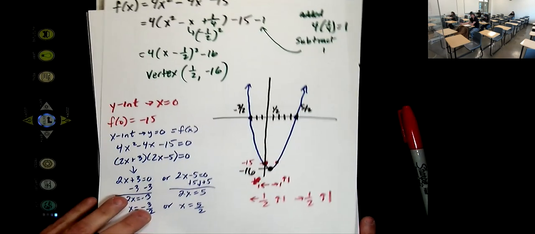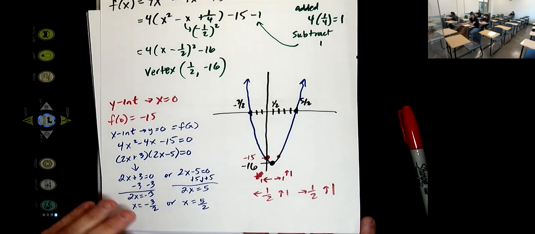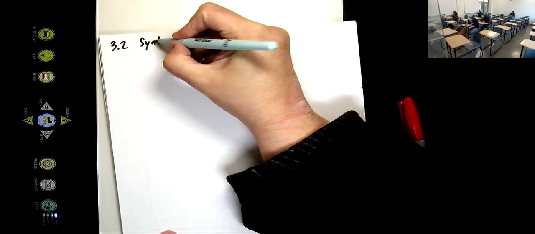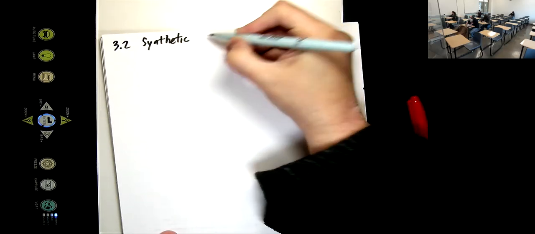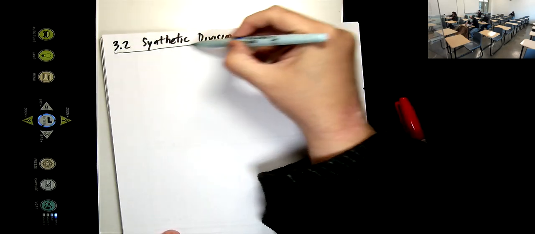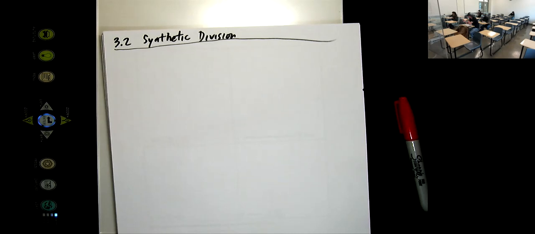All right, so is everyone done with that? Not necessarily easy, especially when you start working with the fractions. 3.2 is on something called synthetic division, and a couple other little miscellaneous rules that we're gonna throw in.